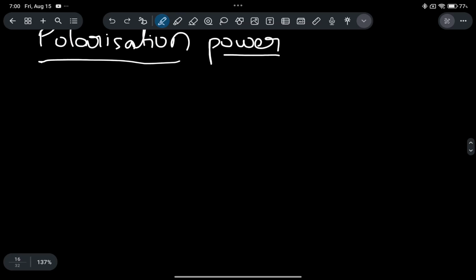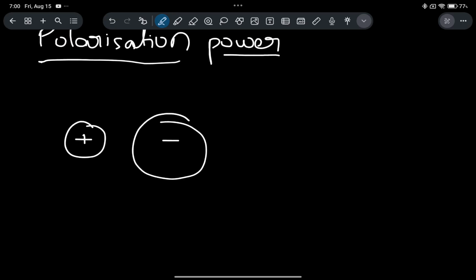If we see any covalent character, any anion or cation, ionic or covalent bond, we see that an anion and cation form some attraction. If you see a cation like this and an anion like this, they have some attraction.